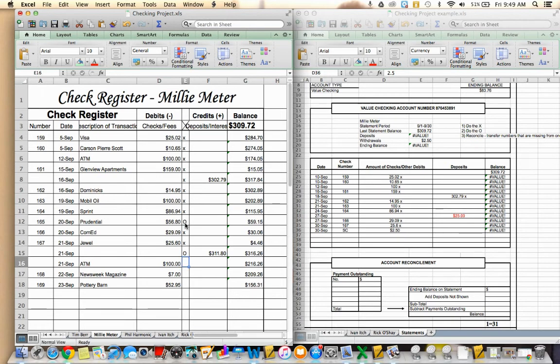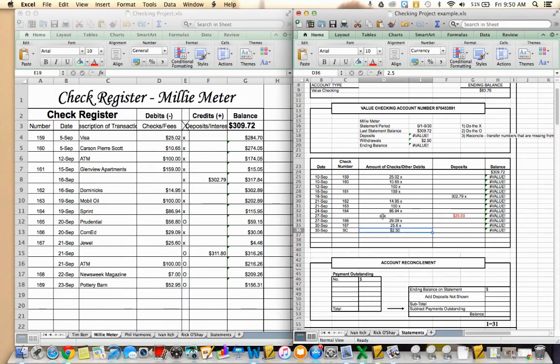There we go. Okay, so then this ATM for 100 is not anywhere on this sheet. So again, when it doesn't match, I'm putting a circle around that box. $7 is not in our checkbook. $52.95 is not in our checkbook. And then this $2.50 is not in our checkbook.